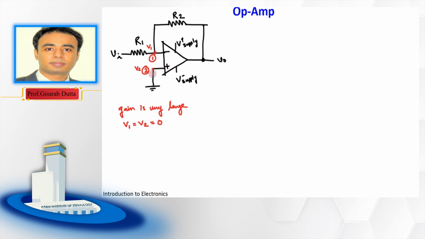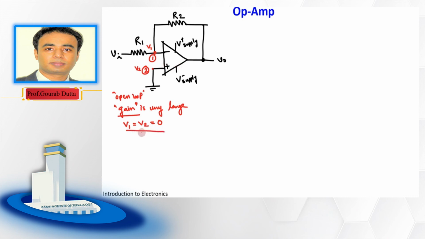So you see that due to this feedback and due to the very high gain of this op amp, this is basically the open loop gain, so let us write that as well here. This open loop gain is very large, and that is the reason we can write this.